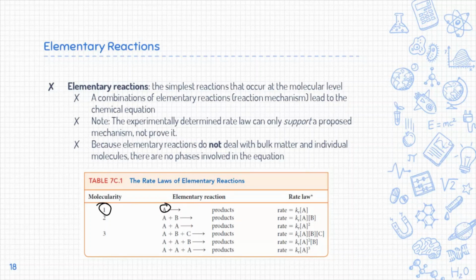So molecularity 2 involves 2 molecules. It could either be A and B, which results in this, or it could be A and A, the same molecules colliding together, and the rate would be second order in A. And then there's also 3 molecules colliding, and these tend to be very rare.